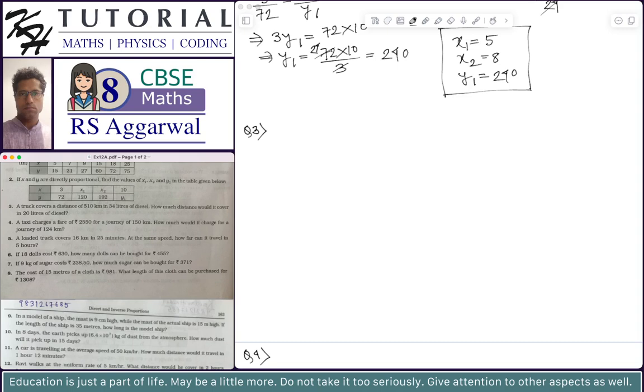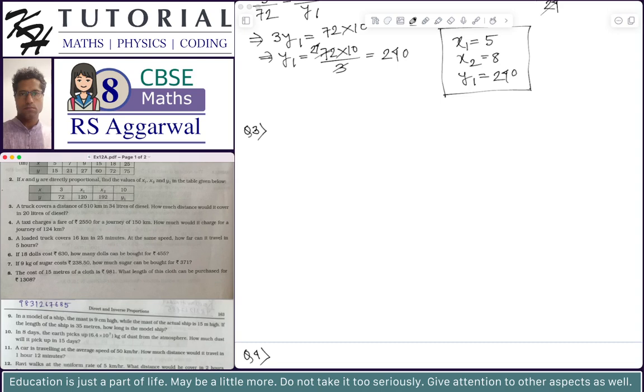Now in solving problems of direct or inverse proportion, the main task is to identify the quantities involved that you must consider to apply the concept of direct or inverse proportion. If the quantities have some units, then all the corresponding values of one quantity must be in the same unit.